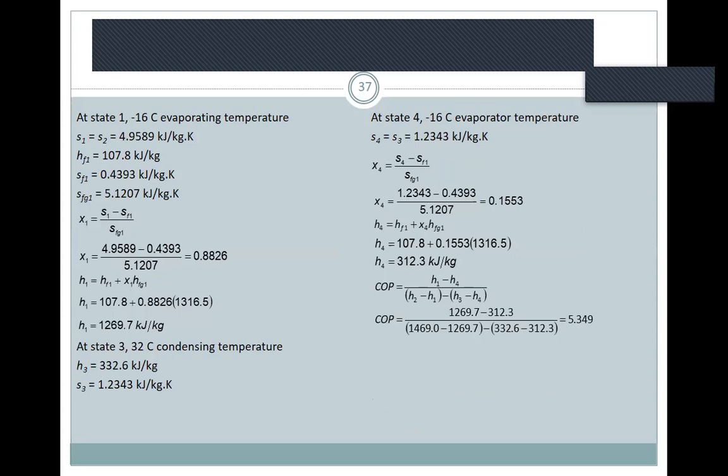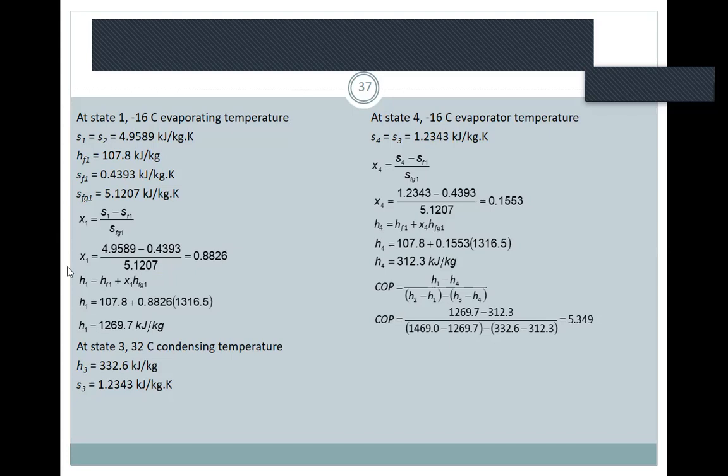So, no need to interpolate. Gagawin mo lang dito yung value ng saturation properties mo. So, H of F1 is equal to 107.8 kilojoule per kilogram at negative 16C. So, S of F1 is 0.4393 kilojoule per kilogram Kelvin. S of FG1 is equal to 5.1201 kilojoule per kilogram Kelvin.